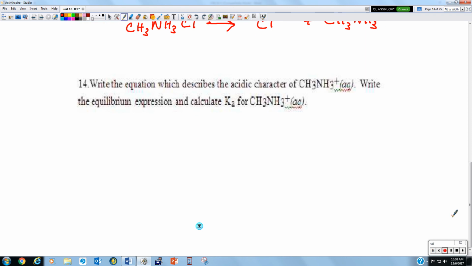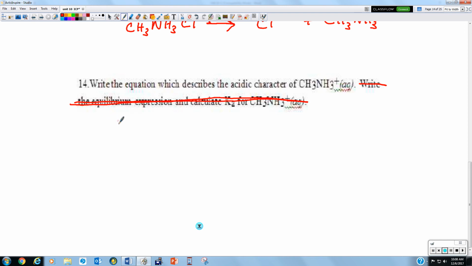Number 14. I don't want you to do this part of it. All right. Write the equation which describes the acidic character of CH3NH3+. This one already kind of did the things for you. You don't have to worry about breaking up the salt or anything like that.